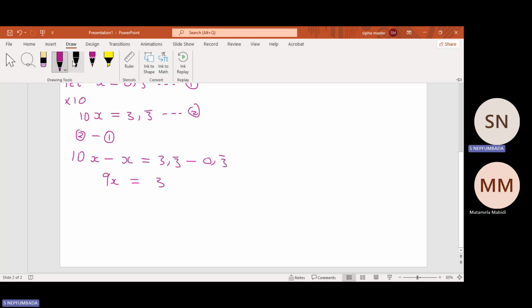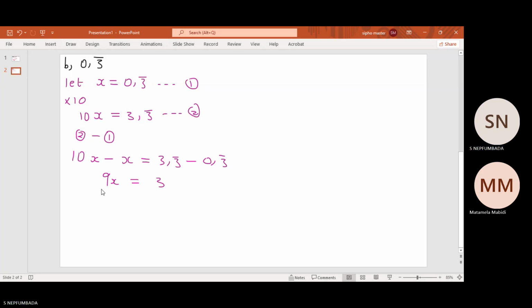Then we divide both sides by what? By 9. Then x equals 1 over 3. Then we proceed.